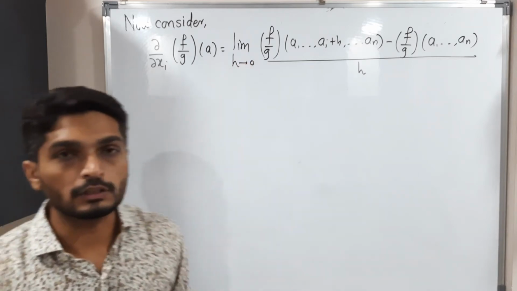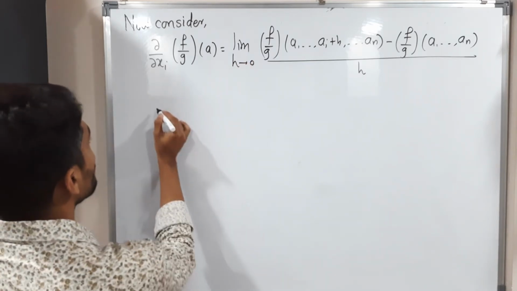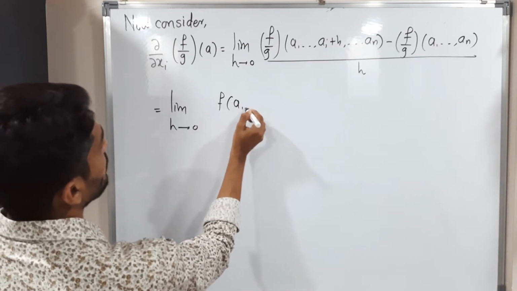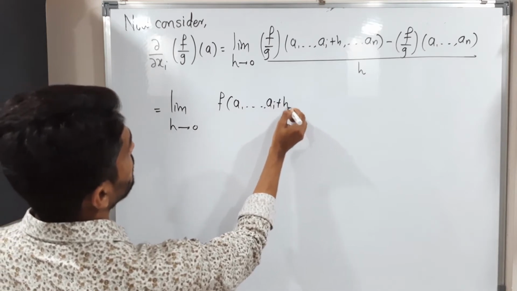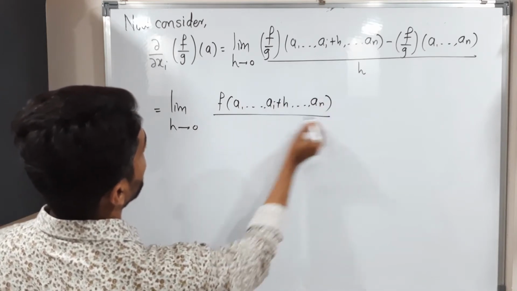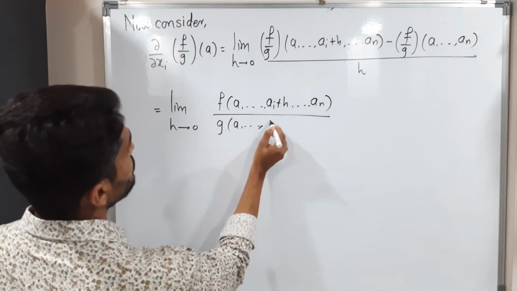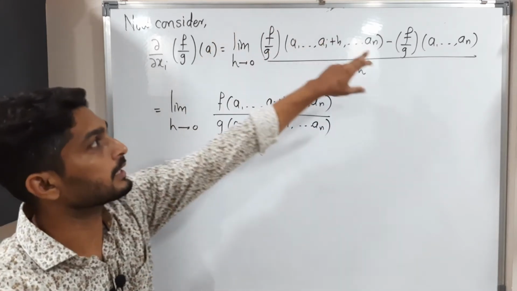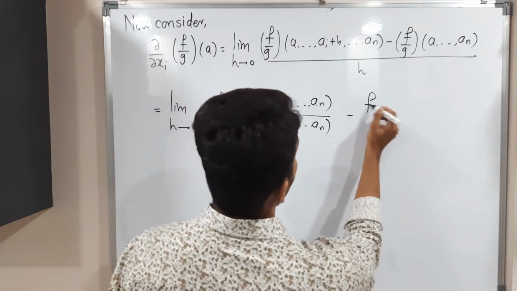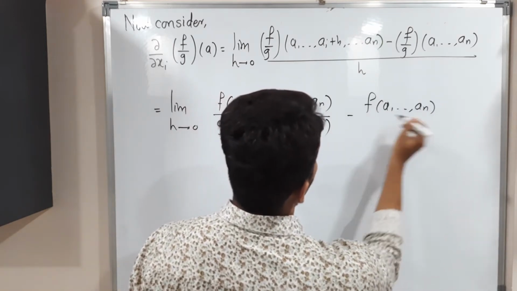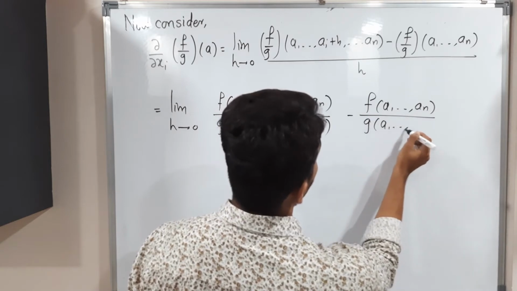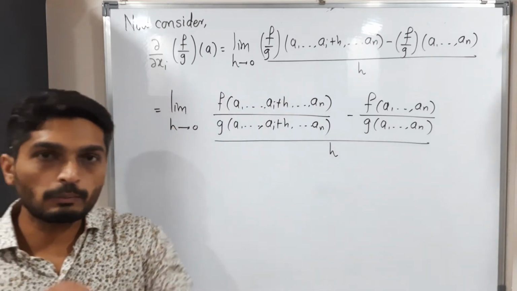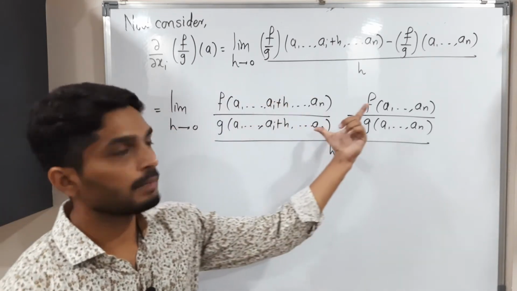Here we have a division, so we'll operate f and g separately, both in the first term and in the second: f of a1 up to an divided by g of a1 up to an, whole divided by h.